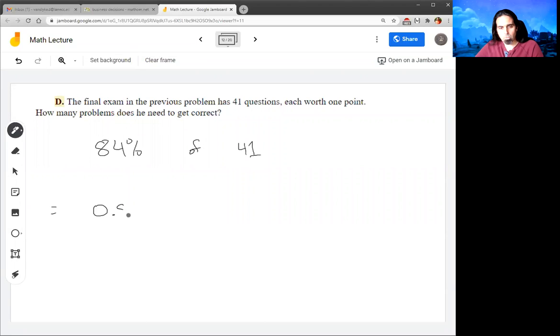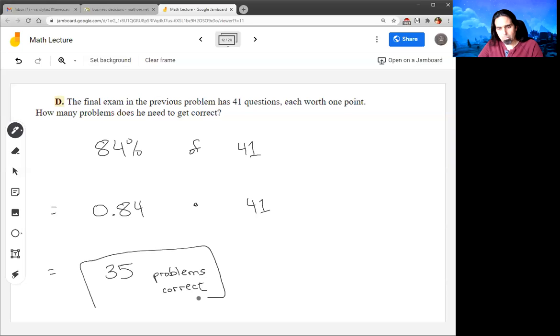So 84% is 0.84, of is multiply. And we get 34 point something. We're going to round up because they need that last problem right. So if they get 35 out of the 41, that's their goal.